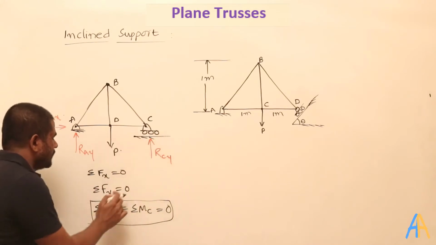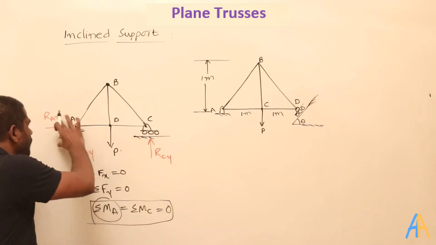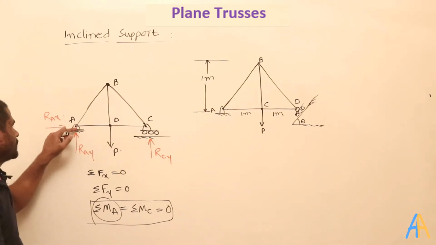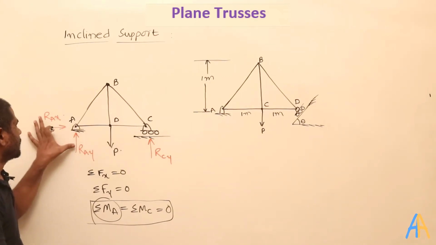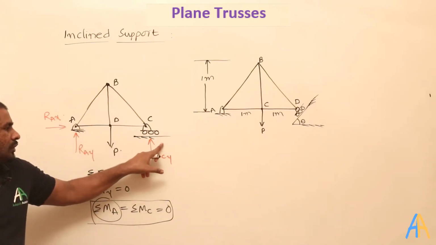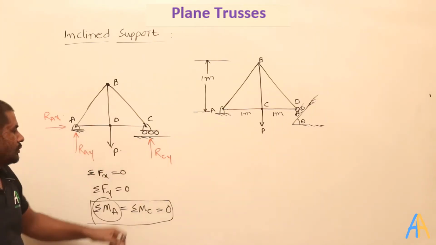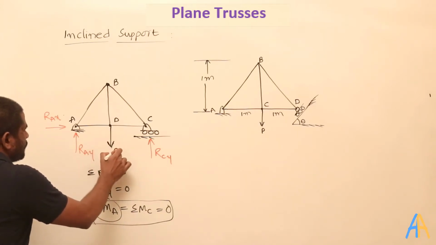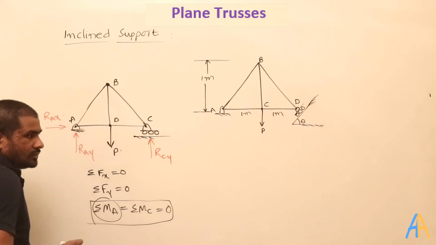When I take moments at A, both reactionary forces pass through the point A, so the moment produced by them is 0, and there is only the moment because of the force P.